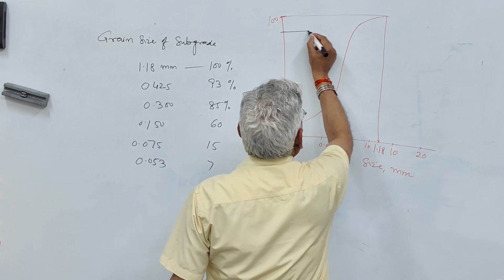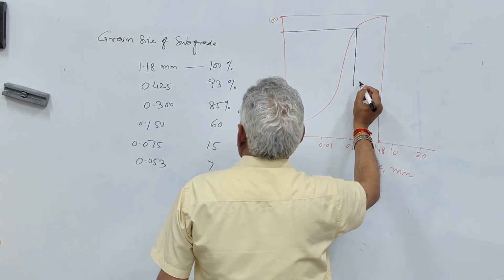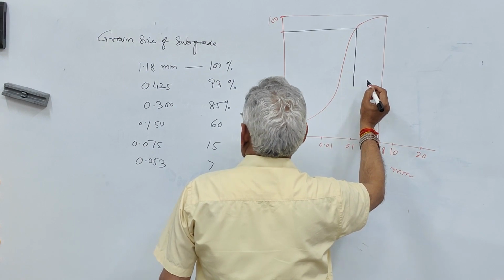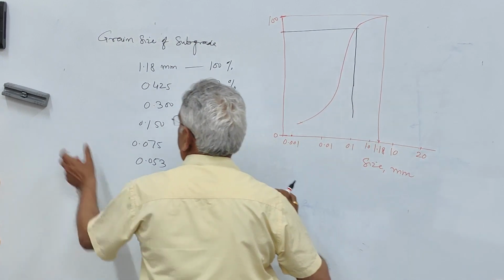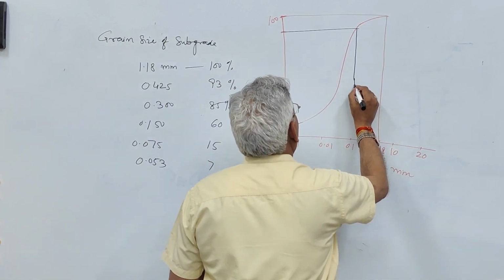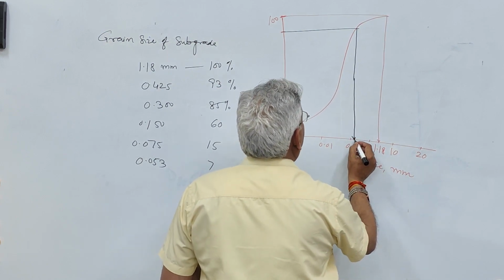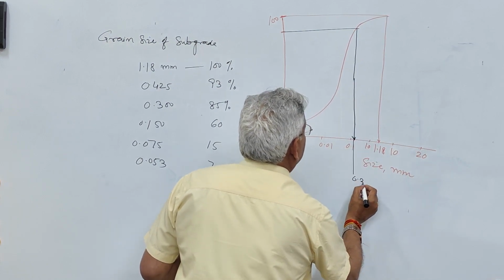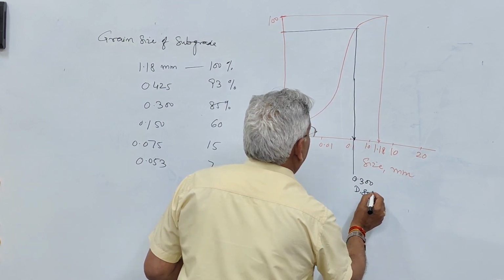Now this is the 85% and this size is 0.3. This size is here. This is 0.3 and that is D85 of the soil.